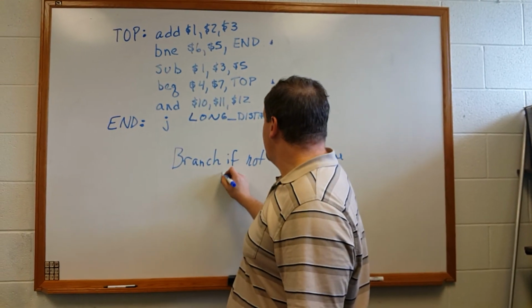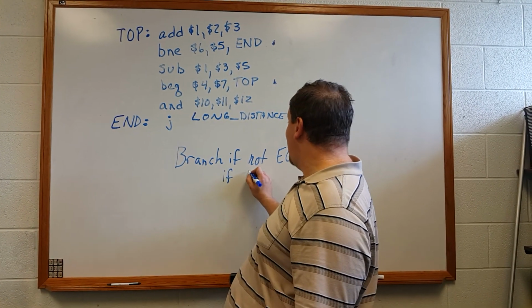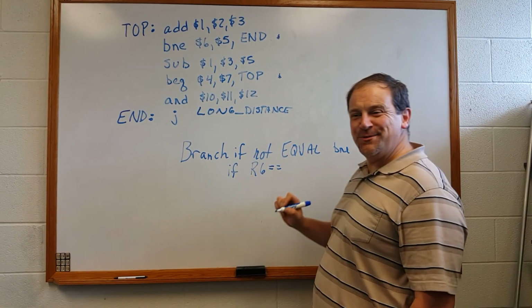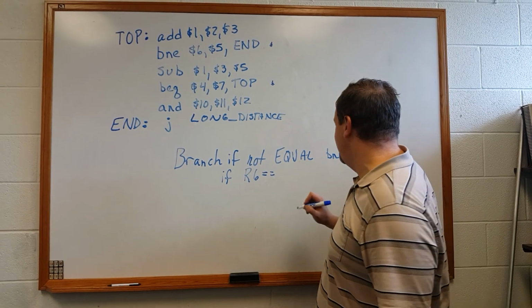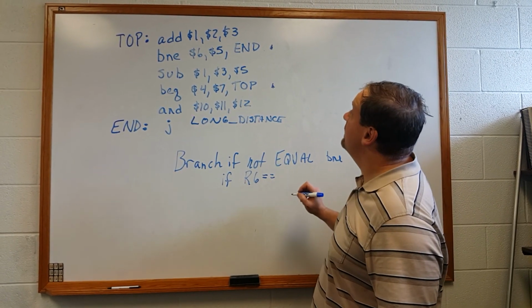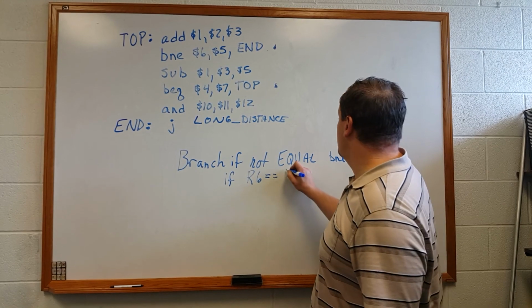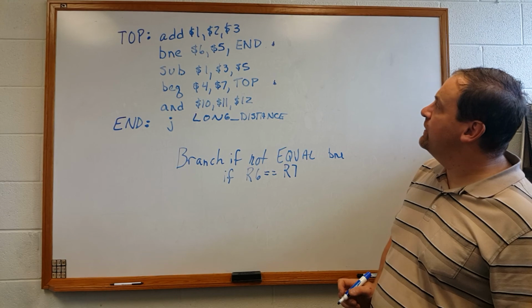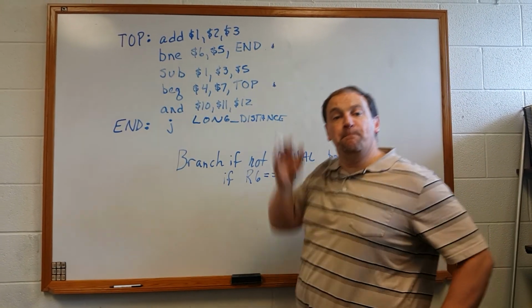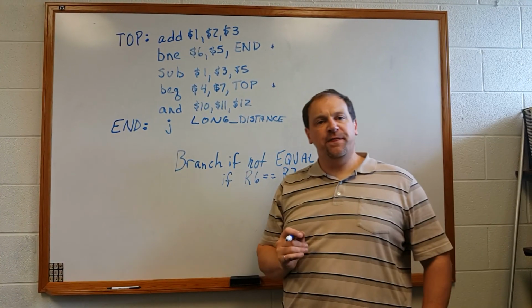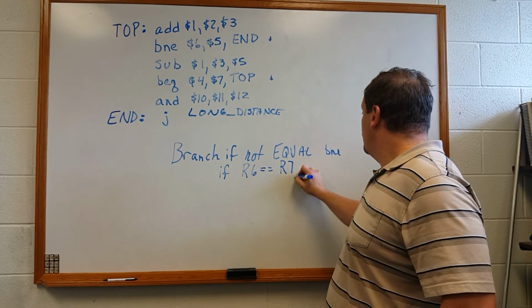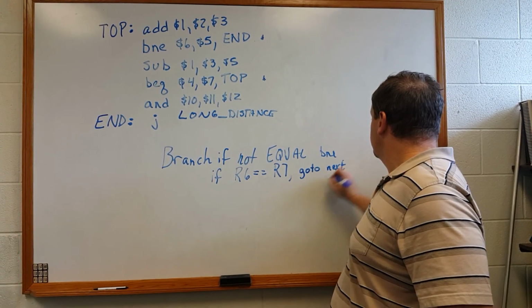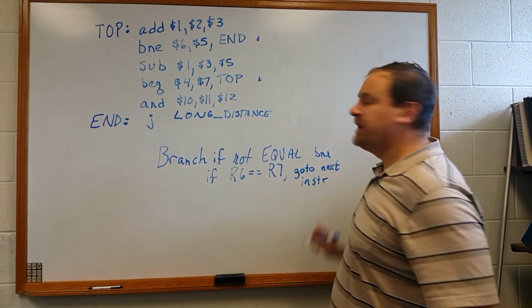So, if the contents of R6 is equal to, and I'll use that double equal sign as the Boolean test like we do in C, if R6 is indeed equal to R7, well, we're only going to branch or fork if they're not equal. Then we go to the next instruction.